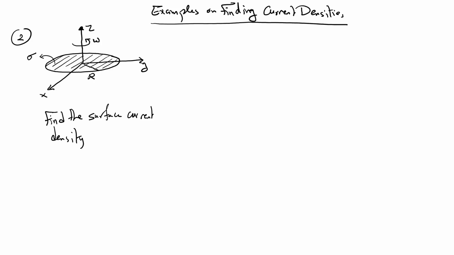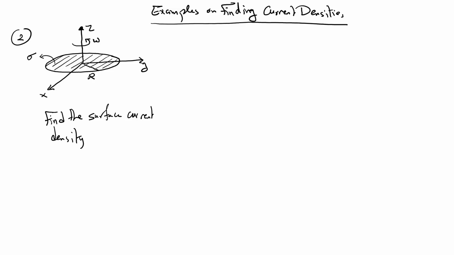Okay, so let's consider another example. What we have here is a disk of radius r. It's painted with a charge density sigma, and the whole disk is rotating with angular velocity omega.